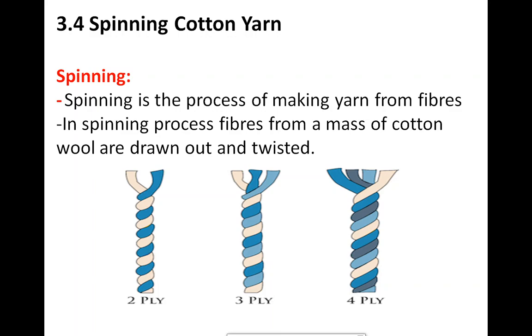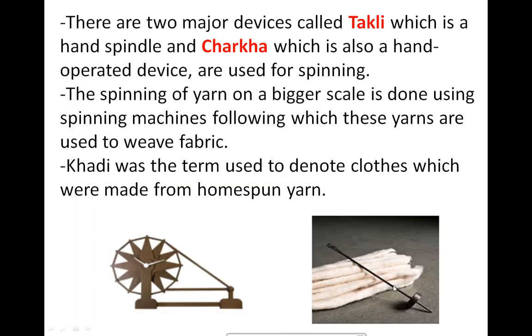For spinning we use a simple device. See the second image, that is the takli. With the help of the takli, in the spinning process, we twist the fibers. Another important instrument that we use for spinning is known as the charkha.